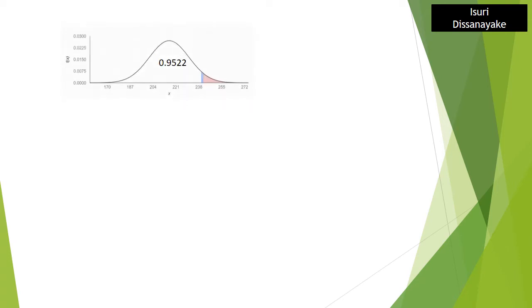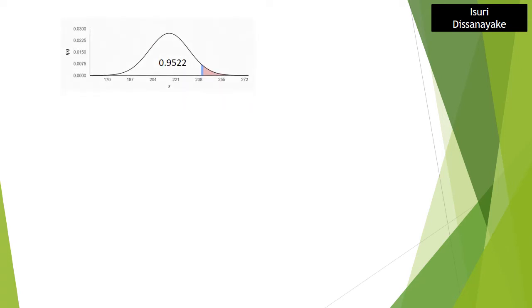Okay, so here is the graphical presentation of the probability of x being greater than 240.5. I have shaded it in red, and we know how to use normal distribution formulas, that is z equals x minus mu over sigma.